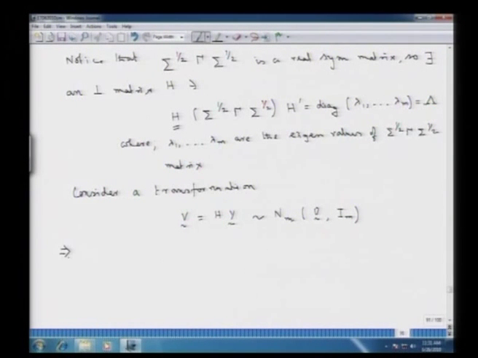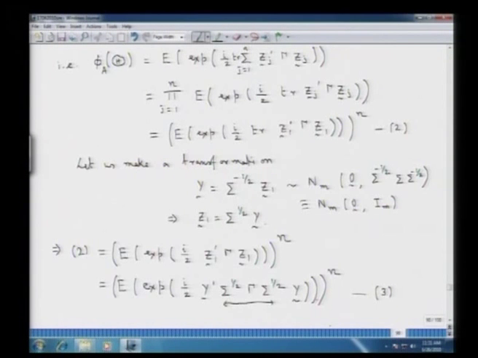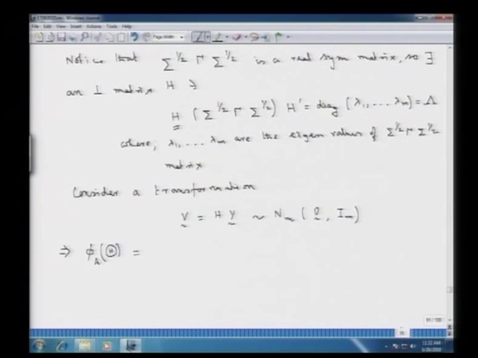So, this would imply that phi of script theta is equal to what we will take forward in this particular form, and then in place of Y we will be writing V. So, we are making that transformation. So, it would be, a bracket is outside, expectation of e to the power I by 2, then we have this. Now, from here this V is H times Y. So, our Y is going to be H transpose V, right.